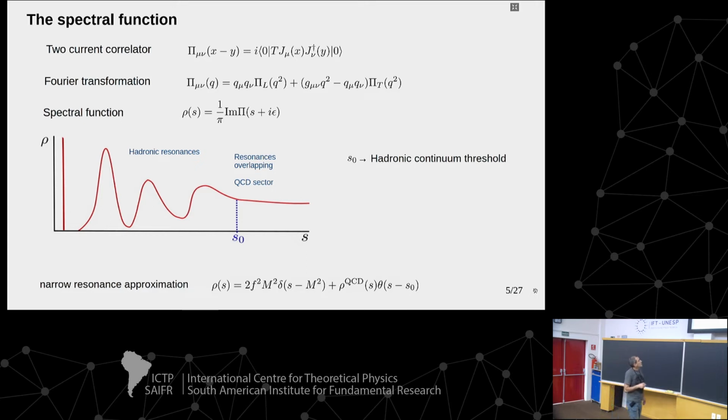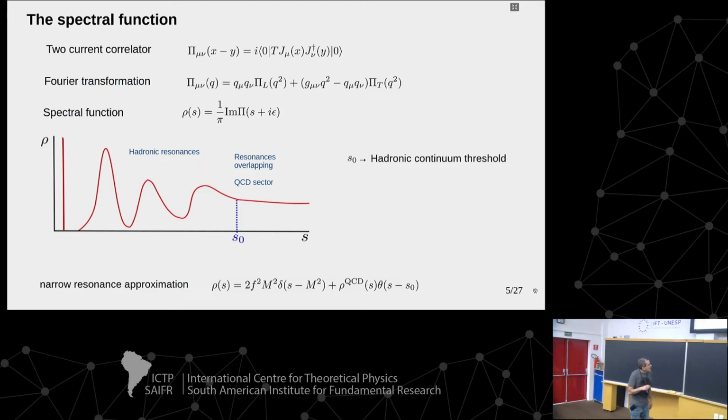Okay, and the spectral function, you can write it as the imaginary part of this correlator. So this is a plot of a spectral function, and usually you have a sharp resonance for stable, almost stable particles, and then there are the higher resonances, and then there's an overlap of higher resonances.